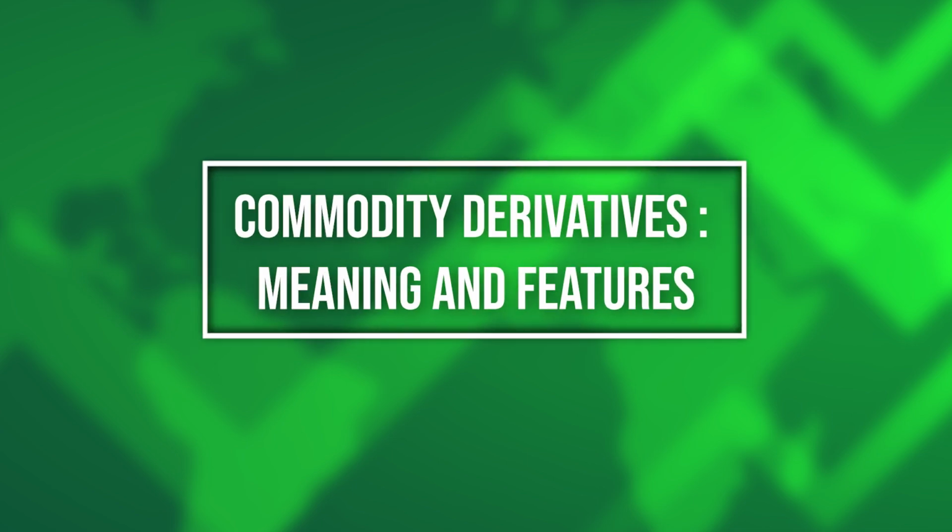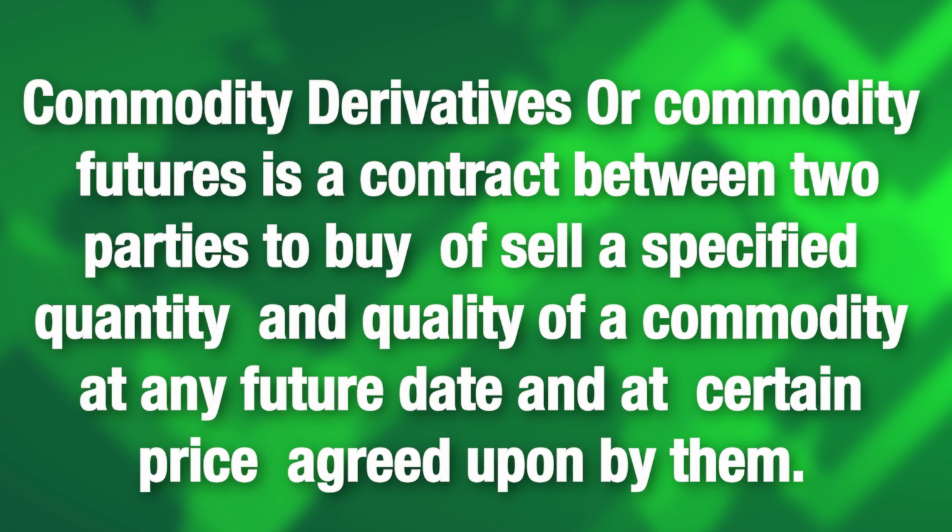Commodity derivatives means these are actually contracts between two parties. These are not commodities in themselves, but only contracts to buy or sell a specified quantity and quality of a commodity at a future date and at a certain price agreed upon by them.